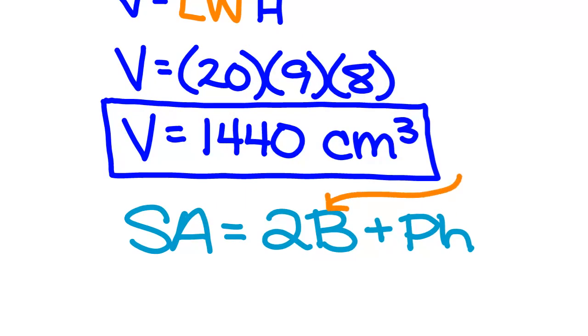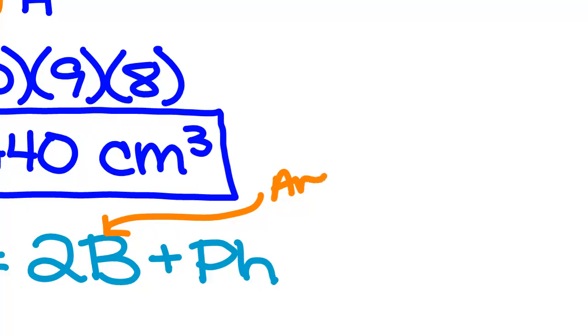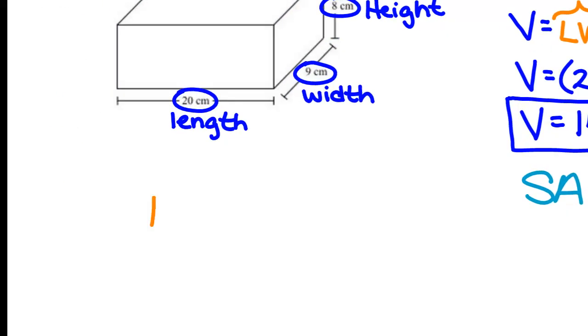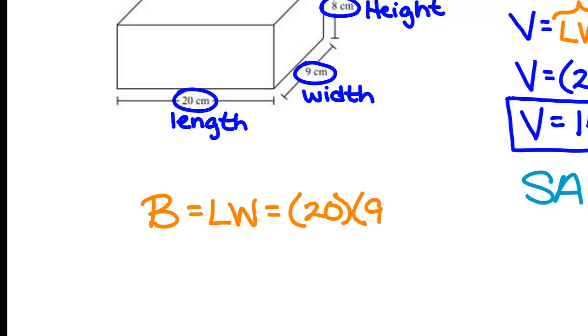This B means the same thing as before. It means area of the base. You told me a moment ago that we find the area of the base how? Length times width. So we're going to do 20 times 9, because that's what we decided were our length and width here.